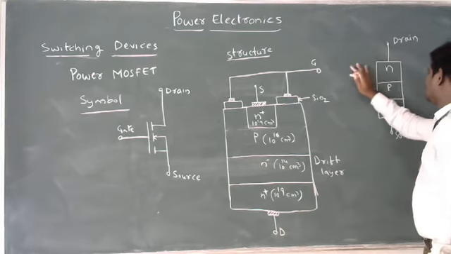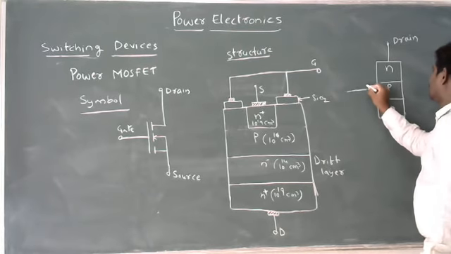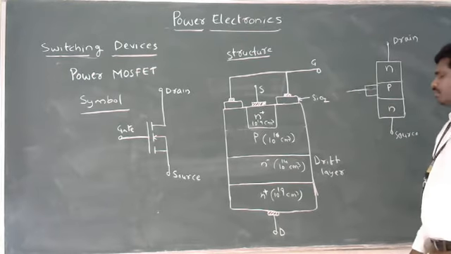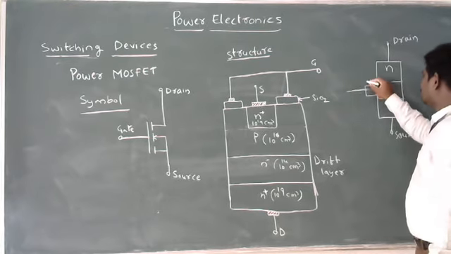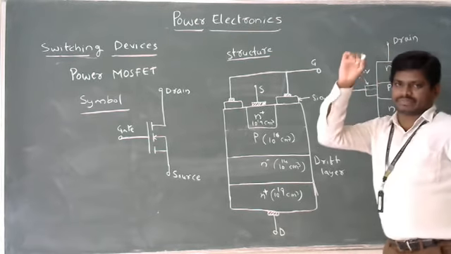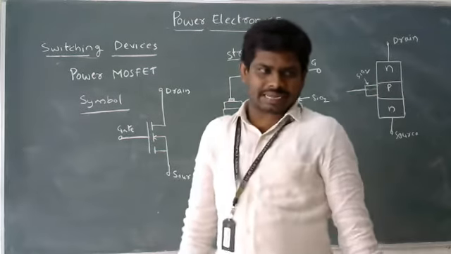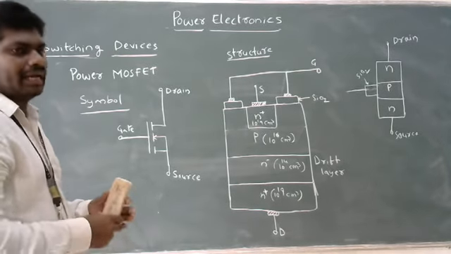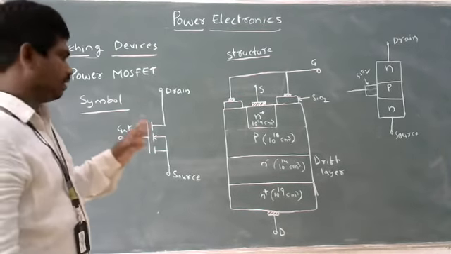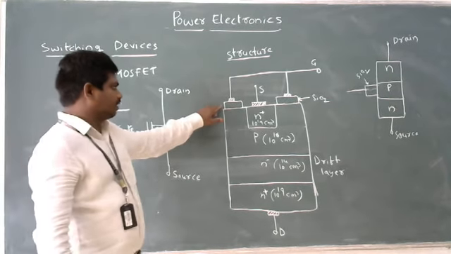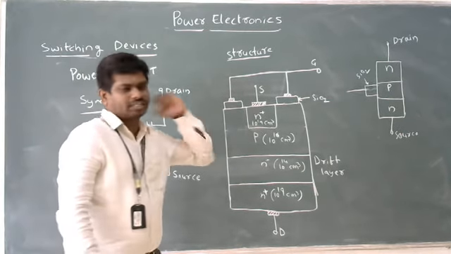Here the gate is isolated, insulated with silicon dioxide material. The silicon dioxide acts as a capacitance, and based on that property, the entire operation depends on the capacitance property.